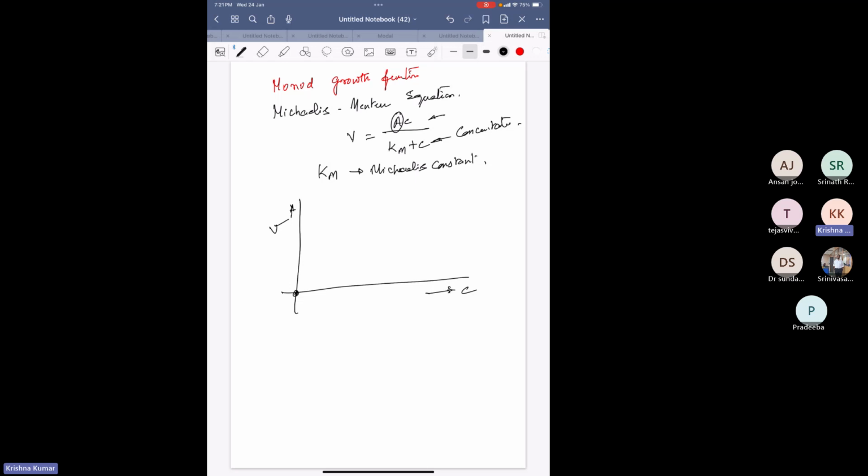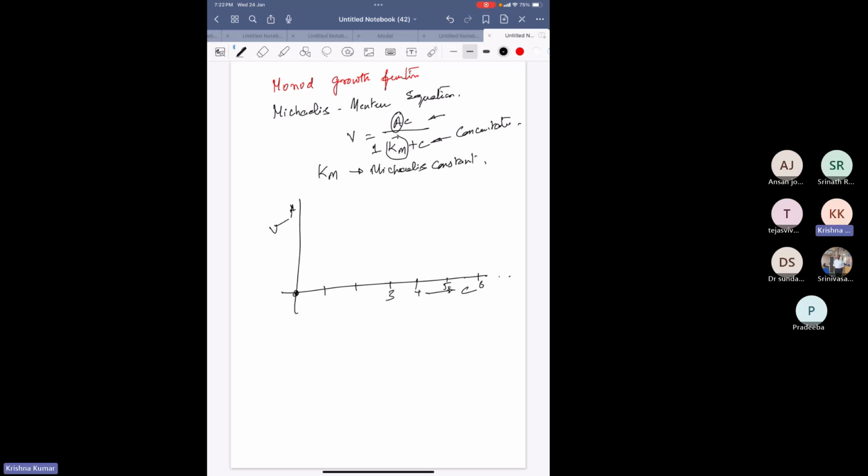Let us, for the time being, just to interpret it, assume Km to be 1. C takes the value of 1, 2, 3, 4, 5, 6, and so on.